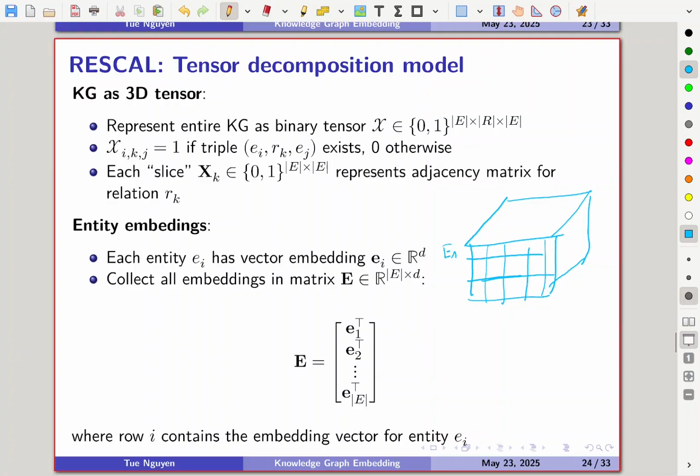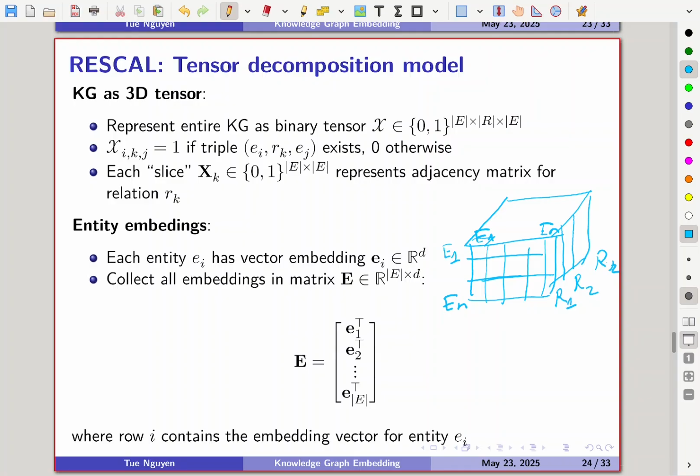So this is E1 up to En for the rows and E1 up to En for the columns. And each slice here is a relation. So slice 1 is relation 1, and slice 2 is relation 2, and up to relation K, for example. And each value of the smaller cube, or the cell, will be 1 or 0.